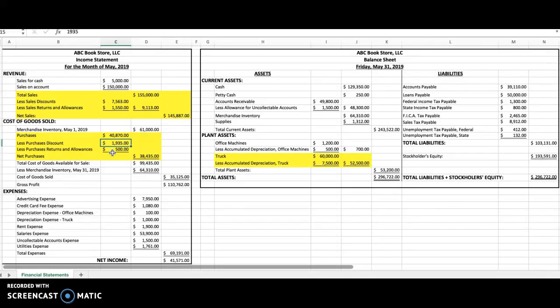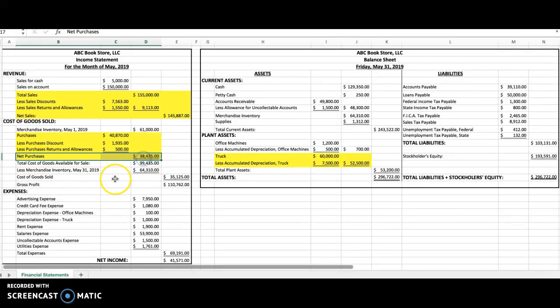So this was a deduction, less purchases discount. So that's subtracted. Also, purchases returns and allowances. Some of it we have returned, so we no longer have it. We can't count it as something of value that we have. So this is a negative of $500. So these two numbers are both subtracted from the original amount of purchases, and you have net purchases here.